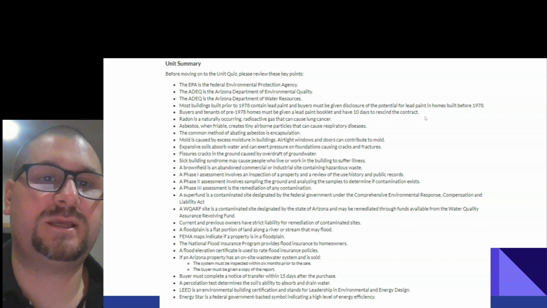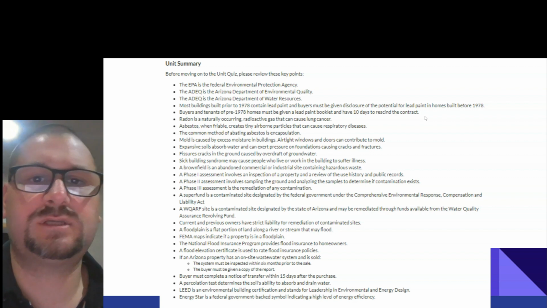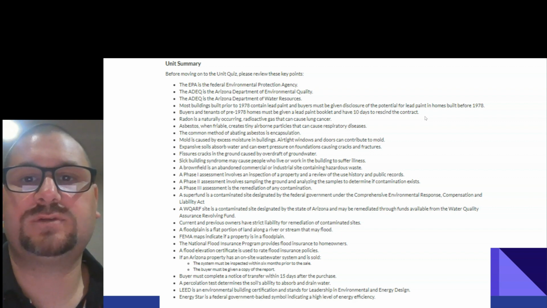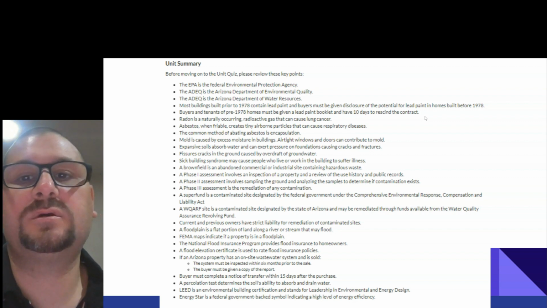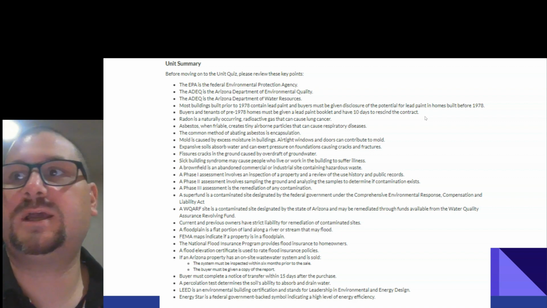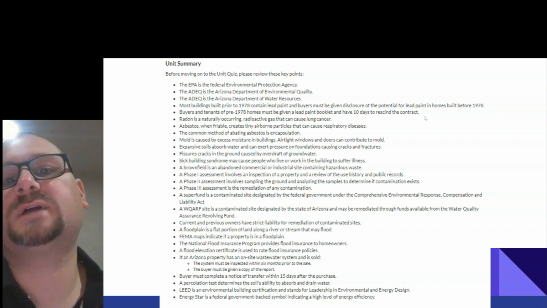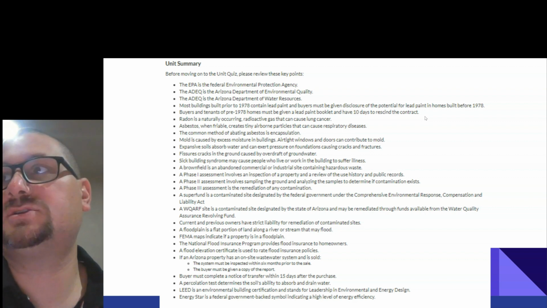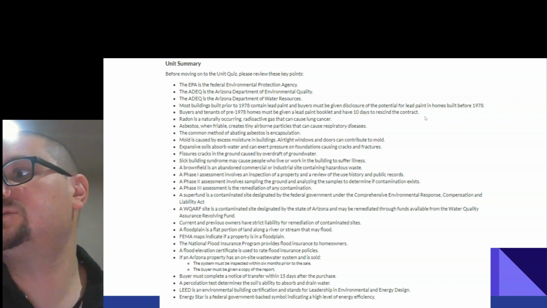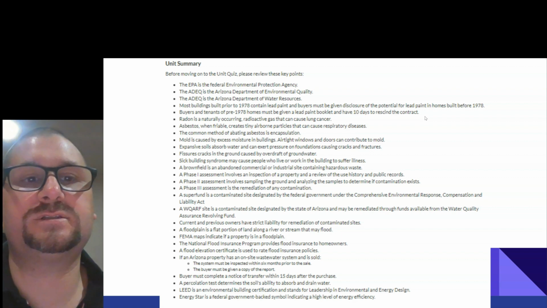Mold is caused by excess moisture in buildings. Airtight windows and doors can contribute to mold. So you want to have ventilation, right? If everything is super airtight, airtight windows, airtight doors, they can contribute to mold. So you want to have some ventilation.